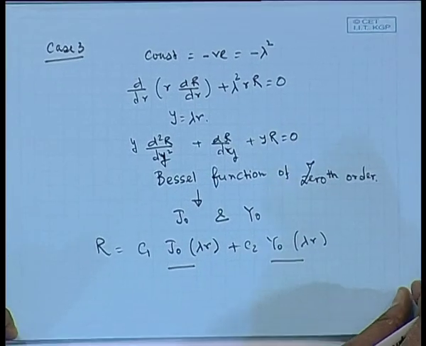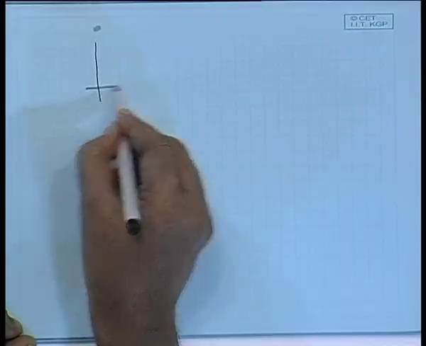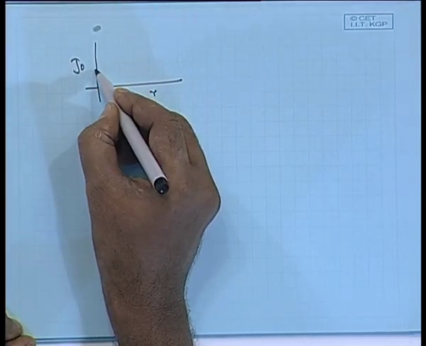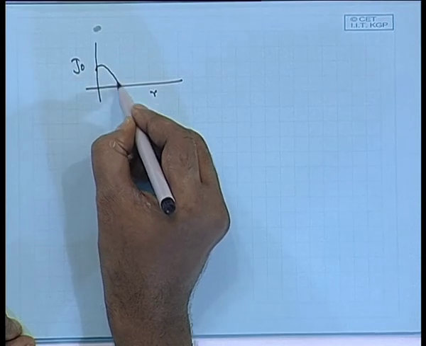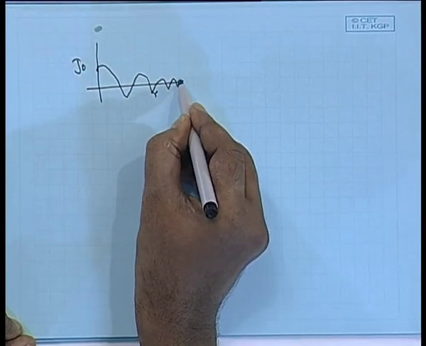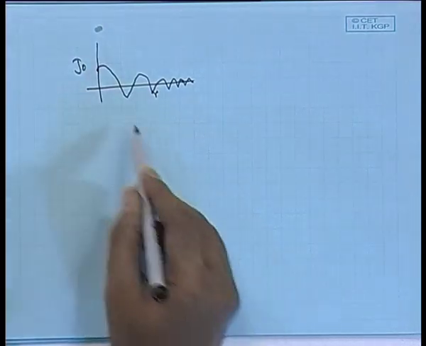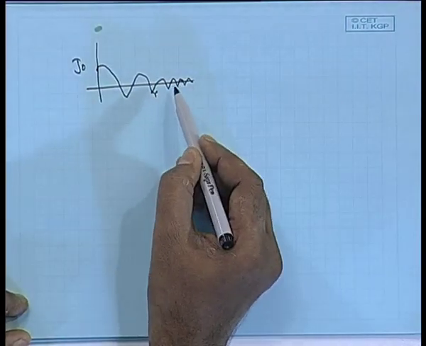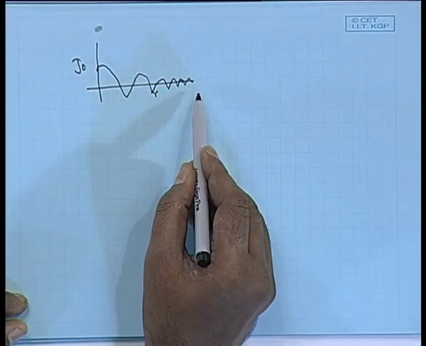If you plot J0, let us say J0 versus r, it starts from some finite value at r equal to 0 and oscillates along the x axis, in this case the r axis. The magnitude decreases as you go along r.